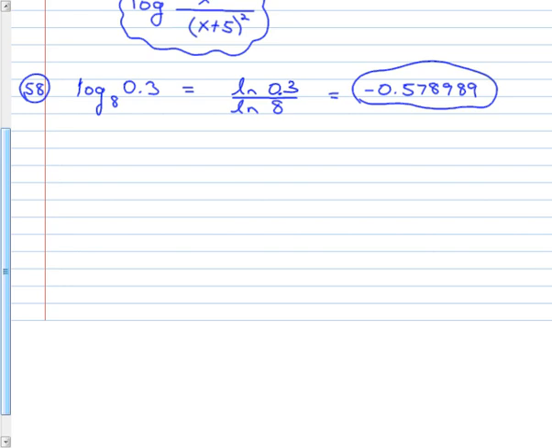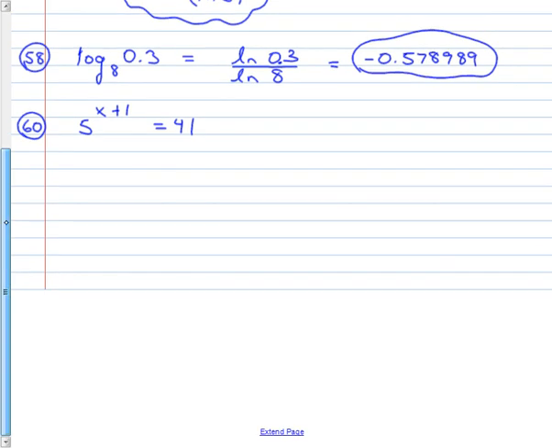Number 60. Solve each equation for x, give exact answers, so that you don't need to use a calculator on these. So number 60, 5 to the x plus 1 equals 41. Okay, so if I'm trying to solve for that x, it's in the exponent, so I'm going to need to use logarithms.